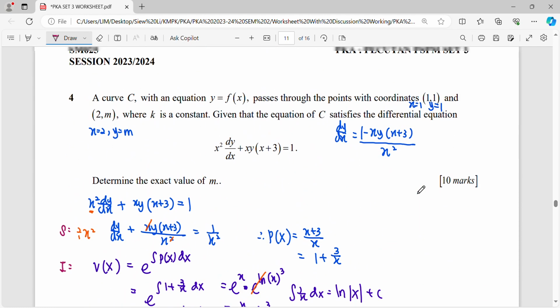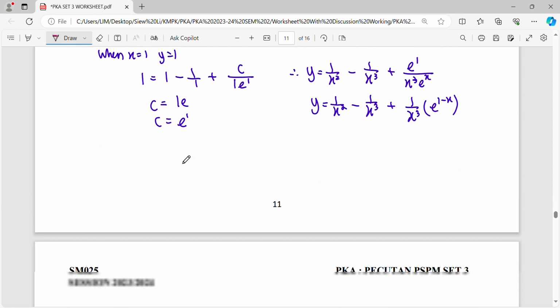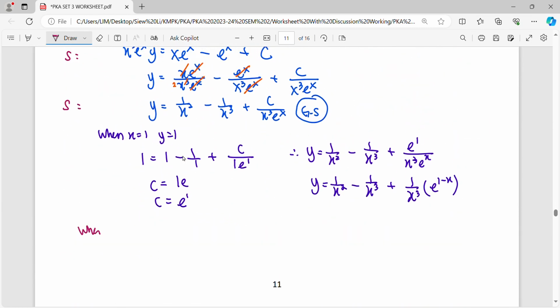Go back to the question. Determine the exact value of n. So use your particular solution to find your n. When x equals 2, y equals n.